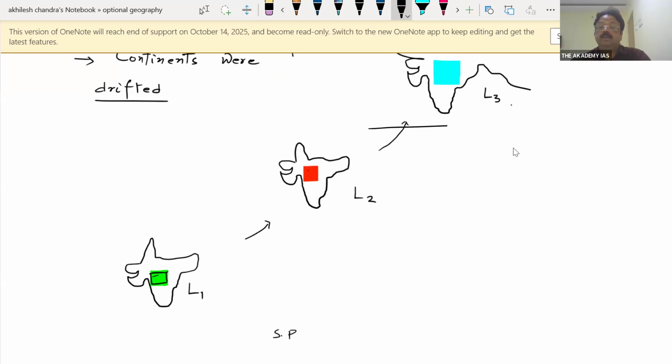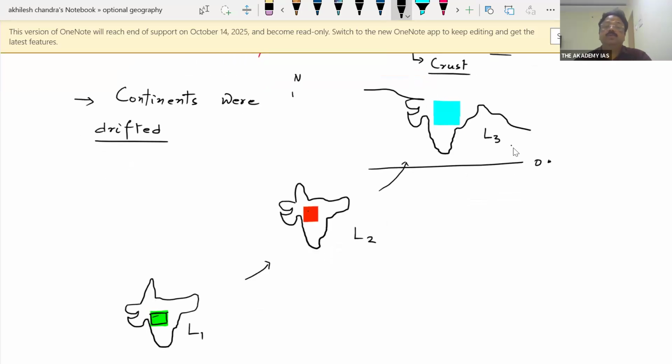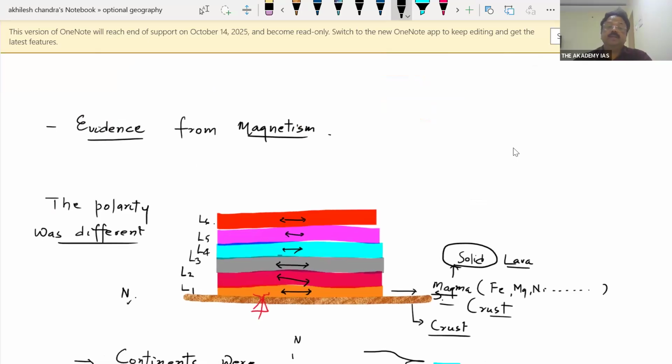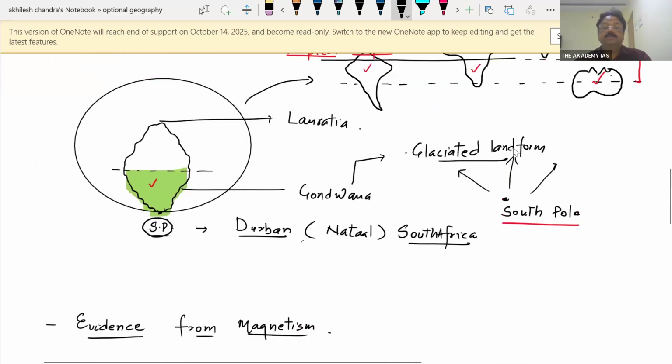Now it is north of the equator. So this is what is supporting the continental drift theory. Evidence from magnetism is also supporting the continental drift theory.